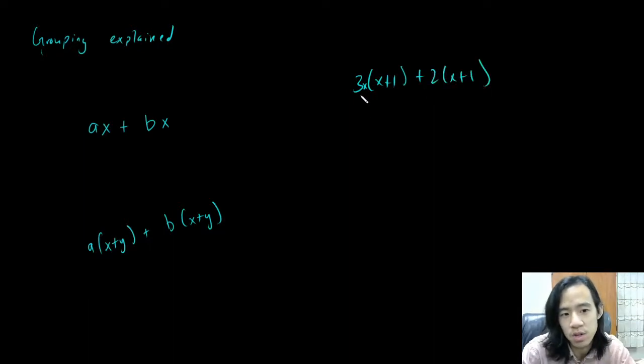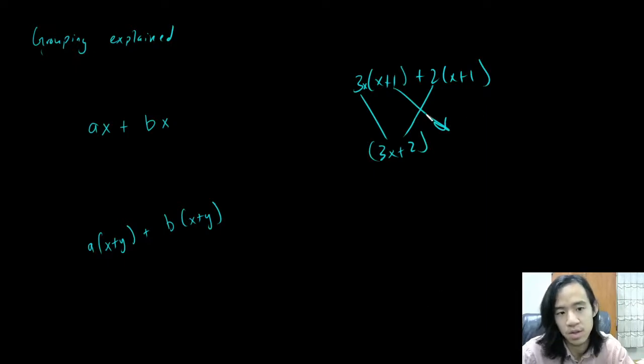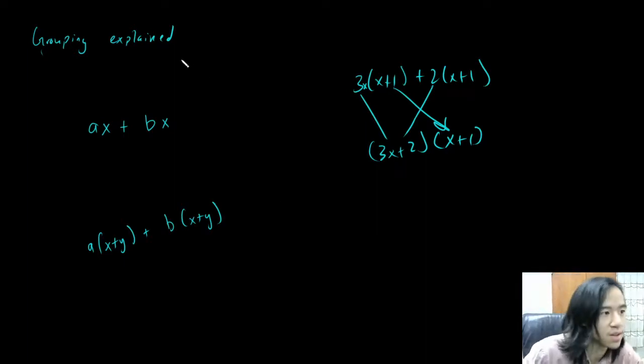And then teachers, including me, say, oh, well, this 3x and this 2 makes up a factor, and this x plus 1 makes a factor. And a lot of people are like, how does this work? Where does this x plus 1 go? That's confusing. So let me see if I can shed some light on this.